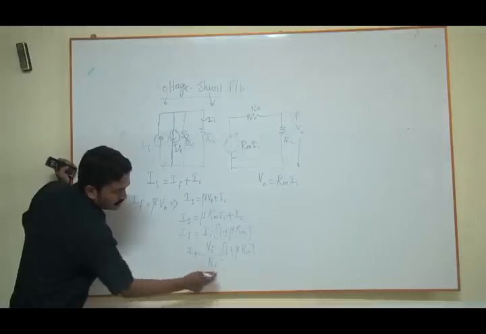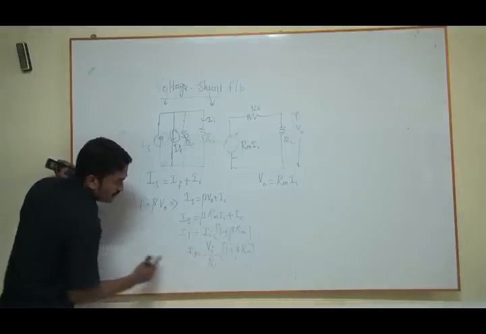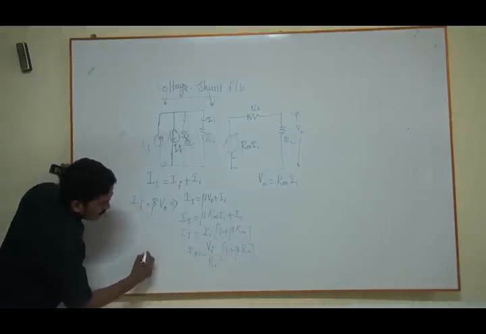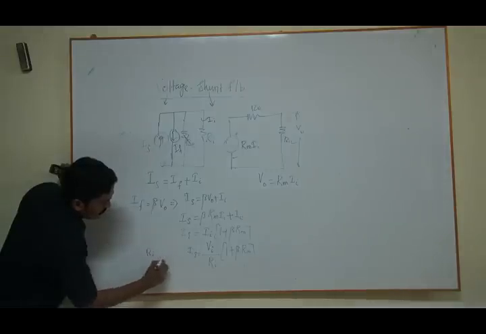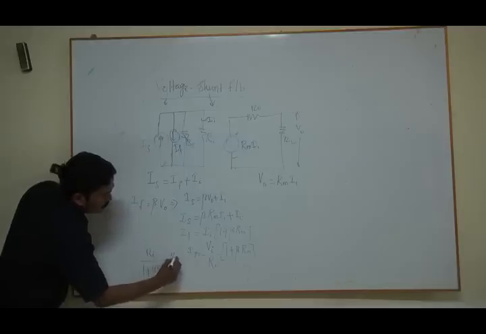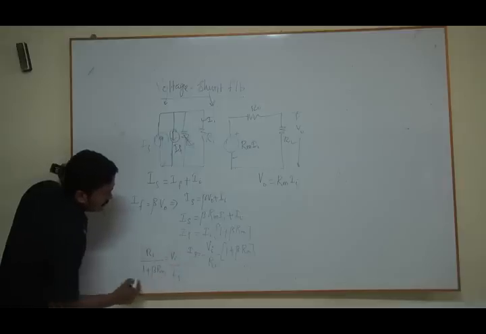So bring IS here and Ri and this term over here. So you will get Ri by 1 plus beta Rm is equal to VI by IS.